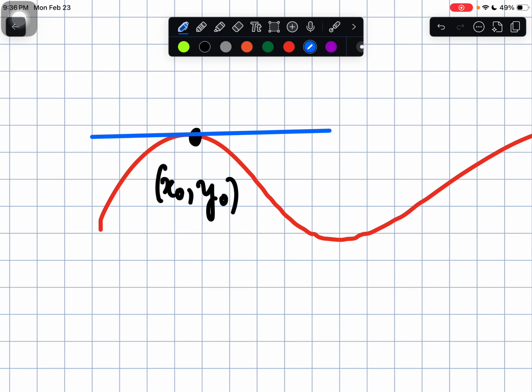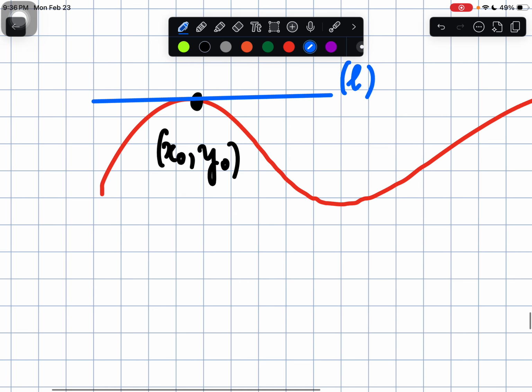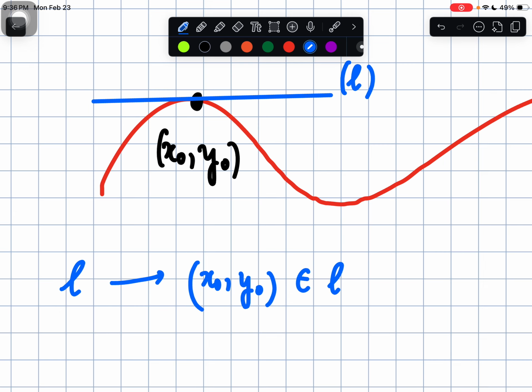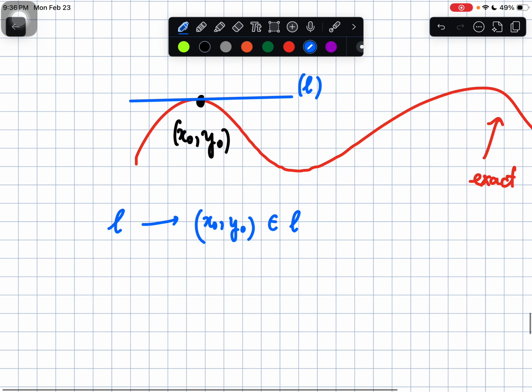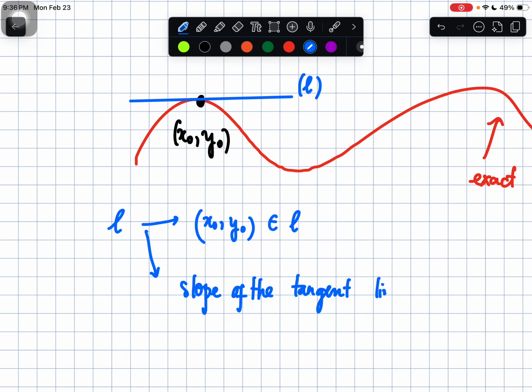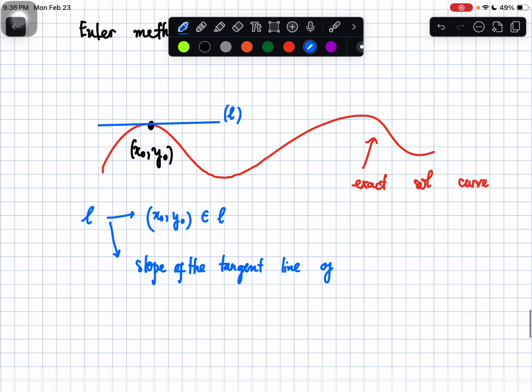So this tangent line, let's say L, passing through (x0, y0). So this point belongs to L. And the slope of L, the slope of the tangent line of the exact solution curve, say this is y, of the curve y, this one will be y prime.